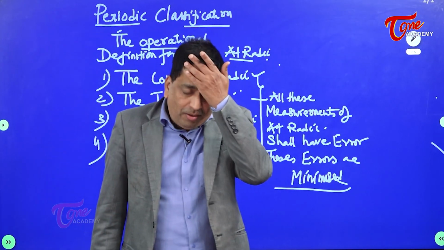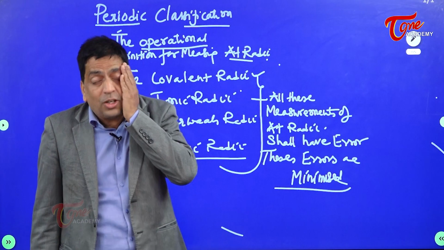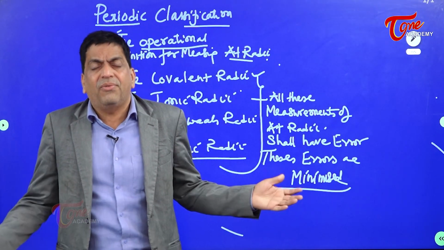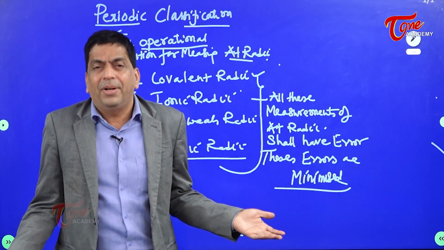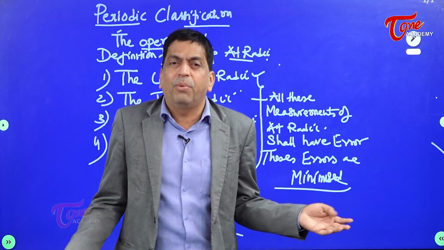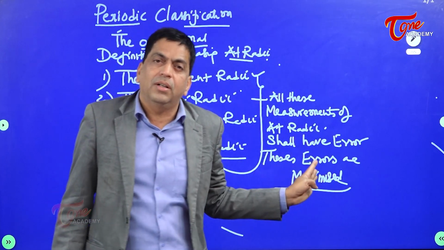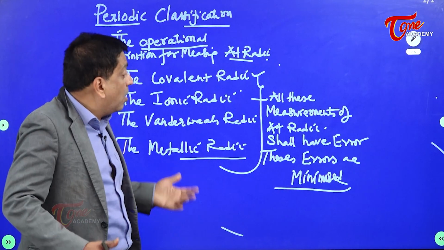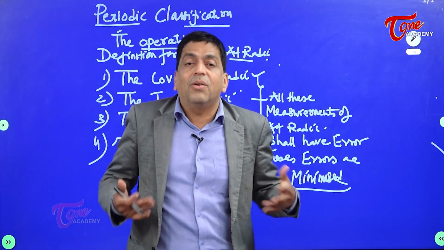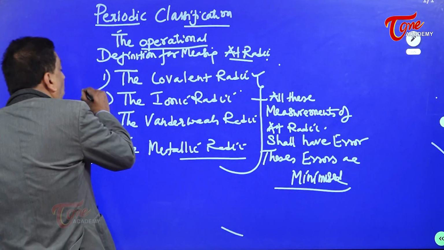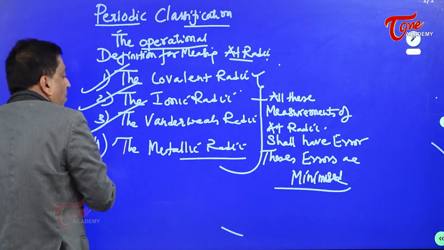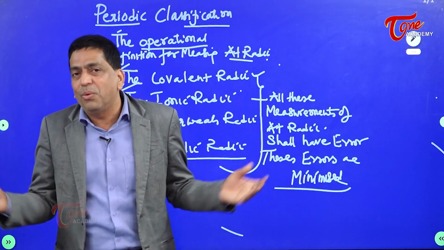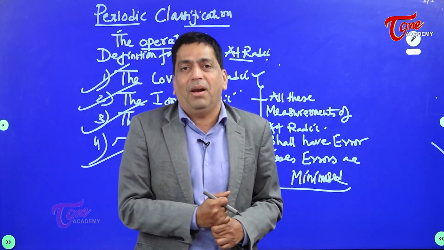What is strange, a student who is actually listening to the lecture must understand. We are defining atomic radii. We couldn't do that, so now we are proposing 4 operational definitions. Not 1, 4 operational definitions. That means we are encountering problems. And we have covalent, ionic, van der Waals, metallic to measure the atomic radius of all the 130 elements in the periodic table.